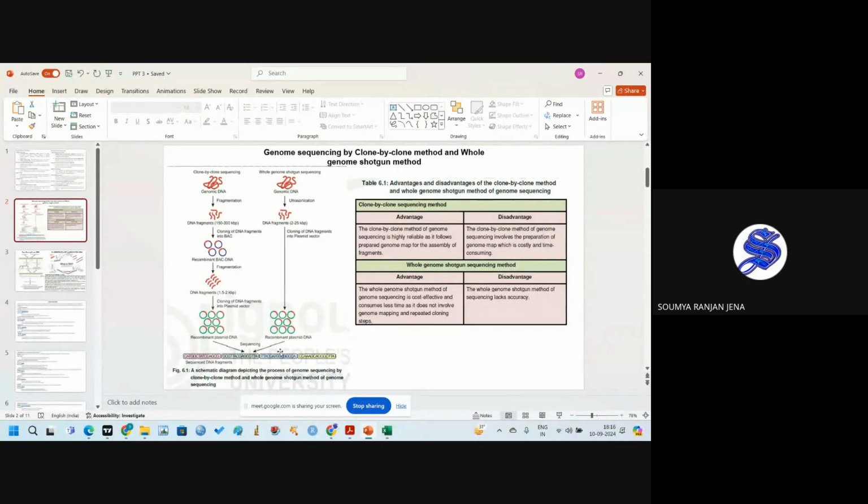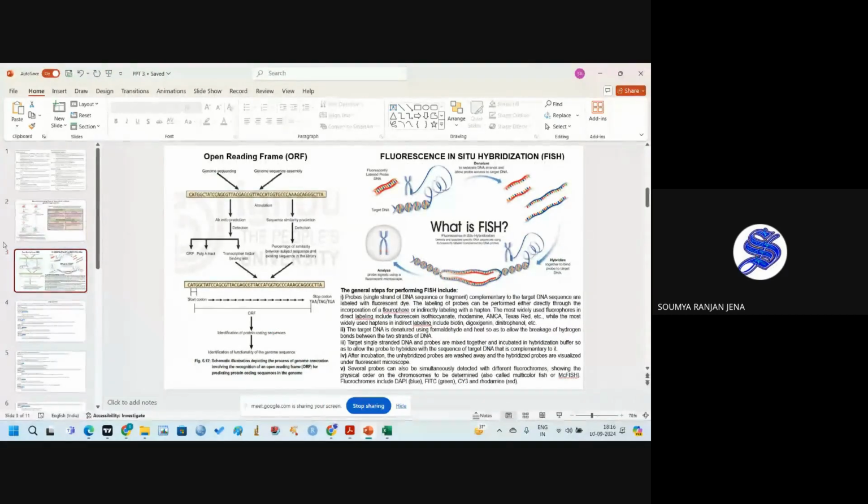AUG is the start site of the translation process. So if we find in the sequencing TAA or TAG or TGA, then this is the stop codon. One is the start codon, AUG, and the other three are the stop codons, TAA, TAG or TGA. Then this is called one open reading frame, which codes for a protein.